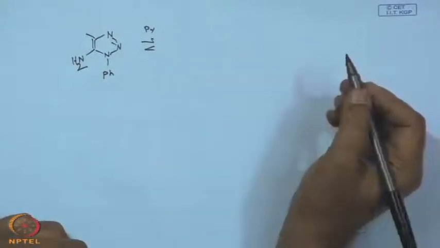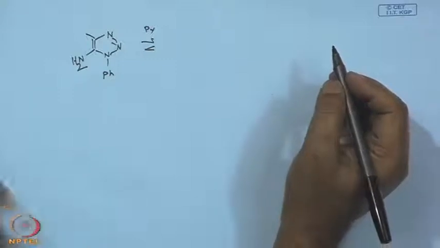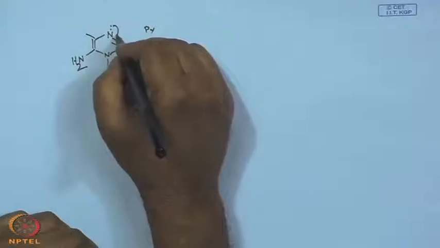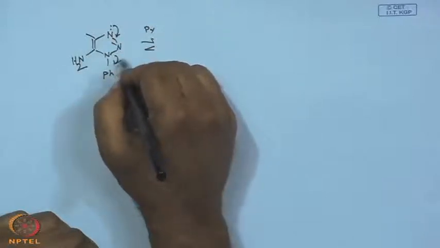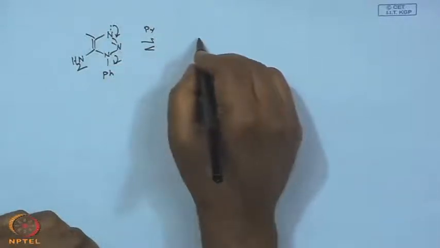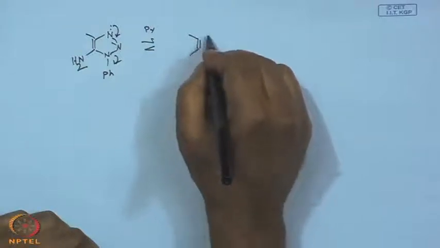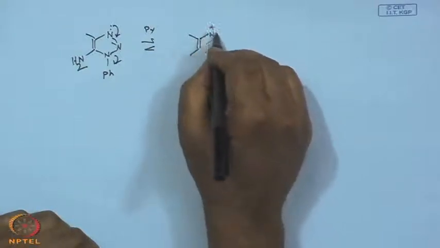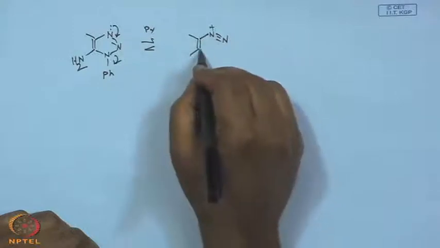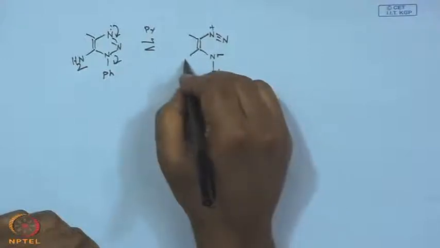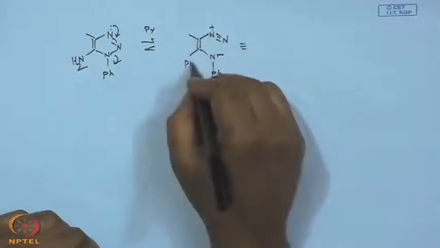So, what is the possible reaction here? In the previous case it was the alkali, right. In this case there is no driving force, just the polar solvent. So, it is assumed to be in equilibrium with a dipolar ion of this kind. So, nitrogen here is NH, N minus, pyridine, and this is NH2.